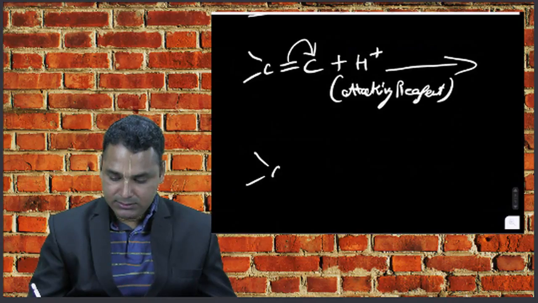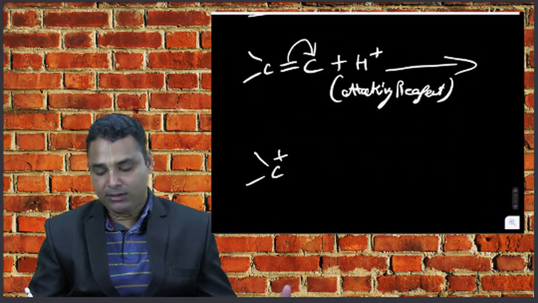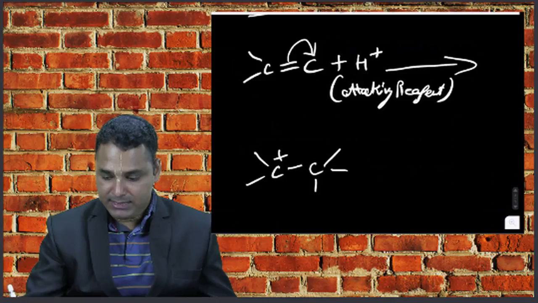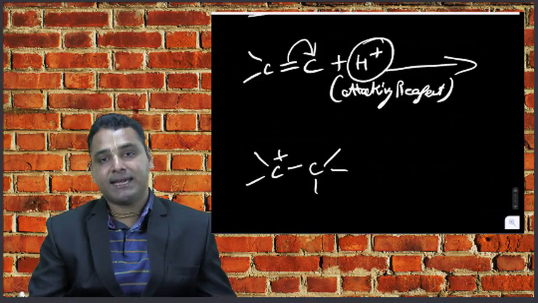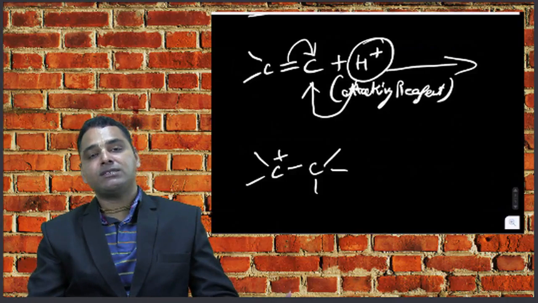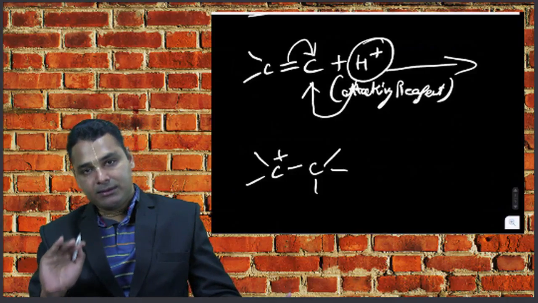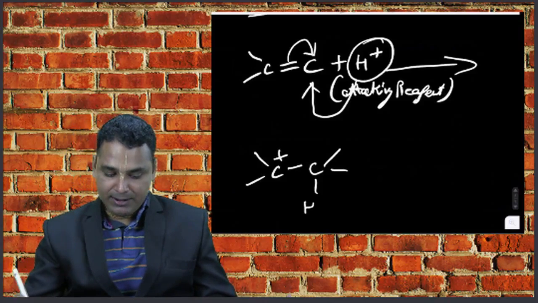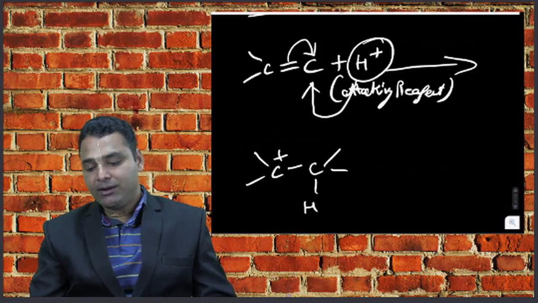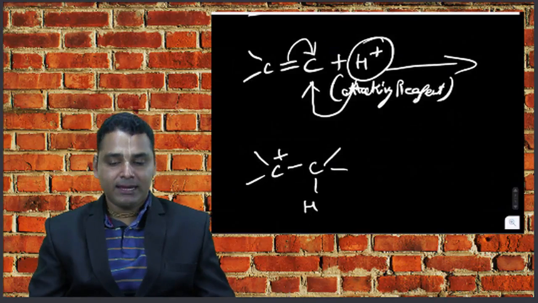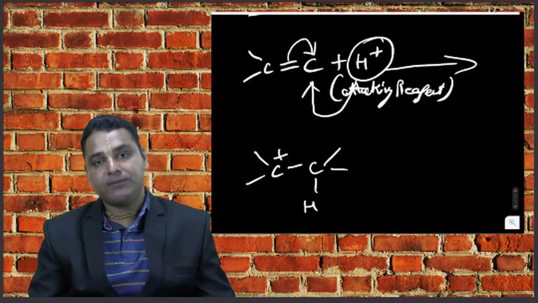Now this positive charge is here because electron density is less here, and now C single bond C. This H plus attacking reagent has been attached to this carbon atom, and the electrons from the double bond have also shifted to this carbon atom. Now this H is attached to this carbon atom, so this kind of effect is called plus E effect, or positive electromeric effect.